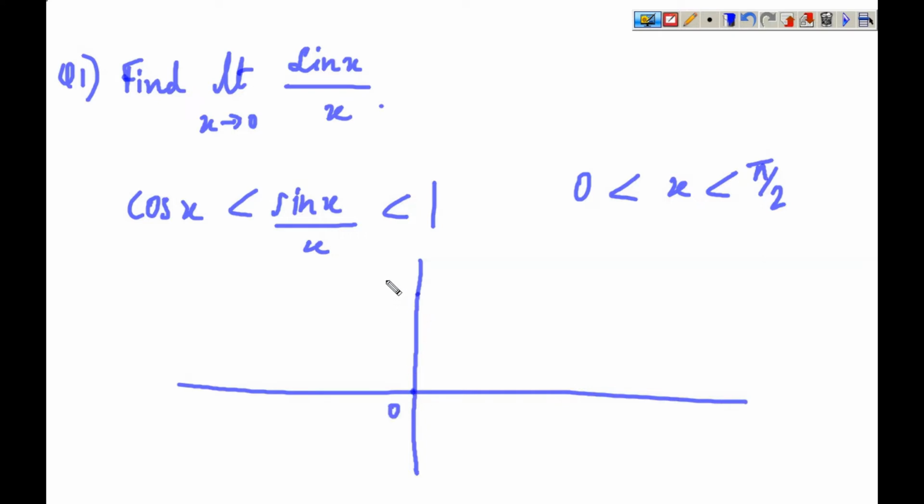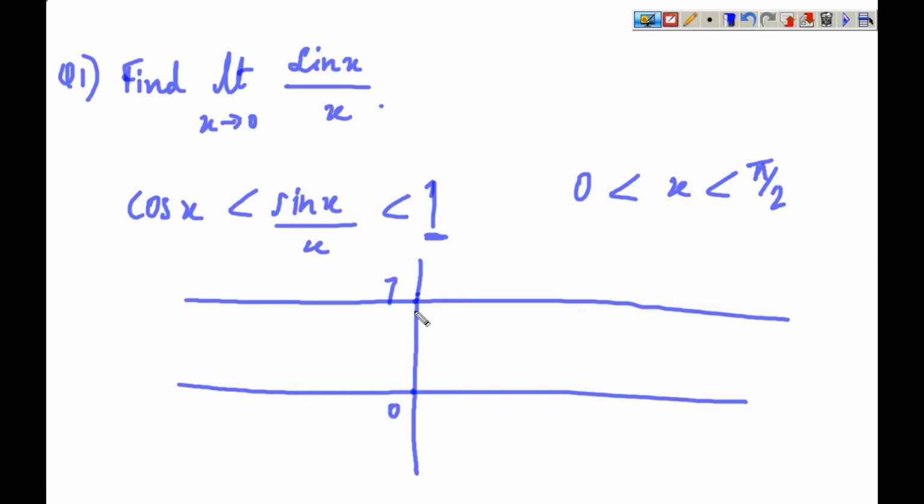We'll first make the function 1. This has only one value, that is 1 for all values of x, whether it be 0, pi by 2 or pi. So it'll always be 1, a straight line joining 1.